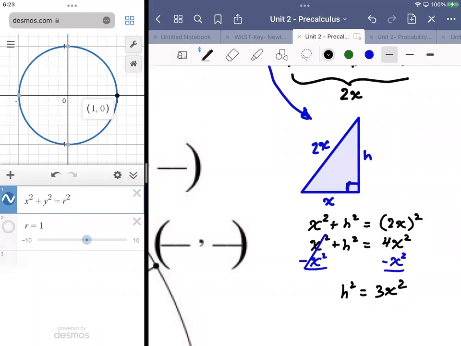But I want h, so I would then take the square root of both sides. And so take the square root of both sides, and I'm going to get h is equal to, this would become, well, the square root of 3. You can't do anything about that, but the square root of x squared, that part I can do something about, because the square root of x squared is equal to x.